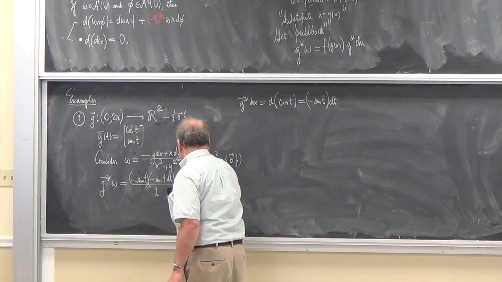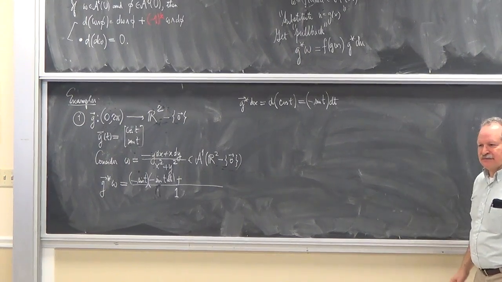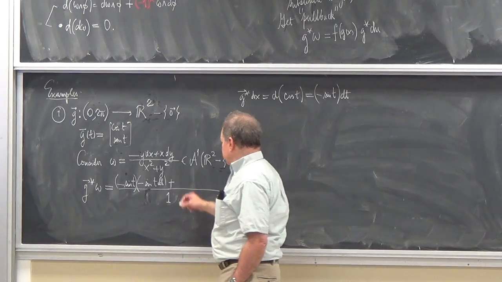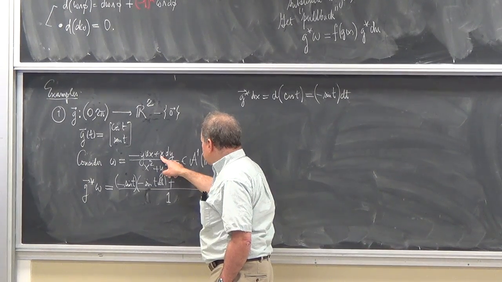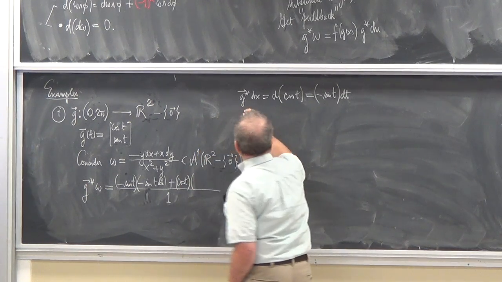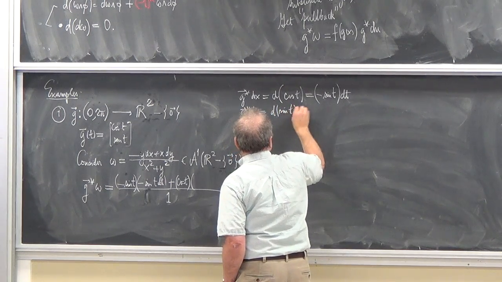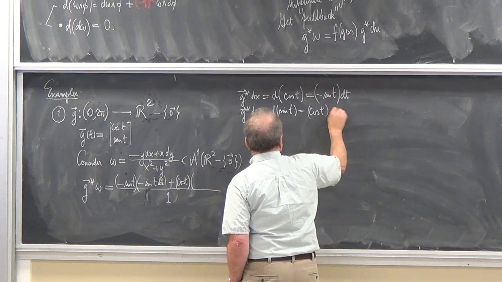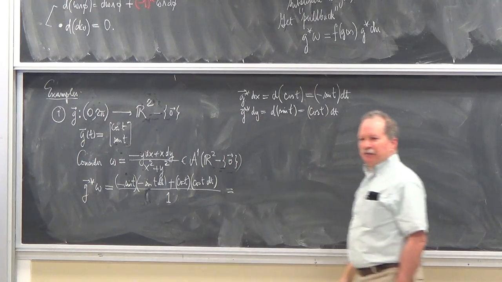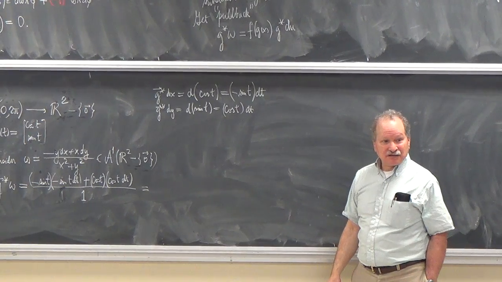Pull back x: cosine t. And then what's the pullback of dy? Cosine t dt. Drum roll. What do we have? Times dt.